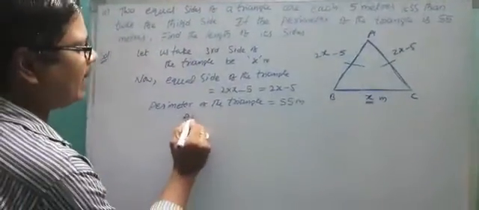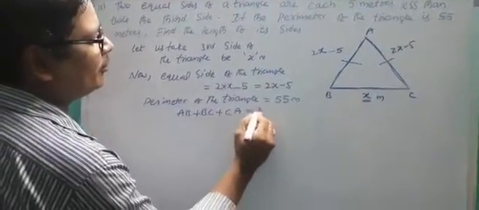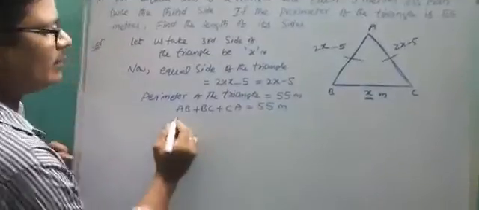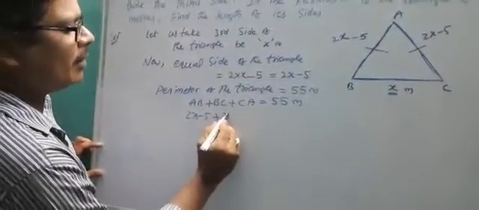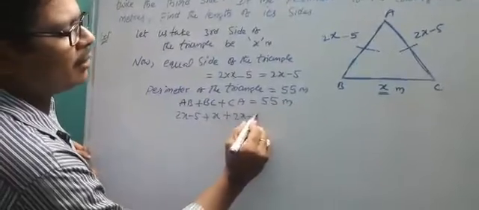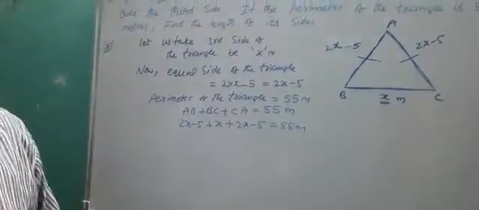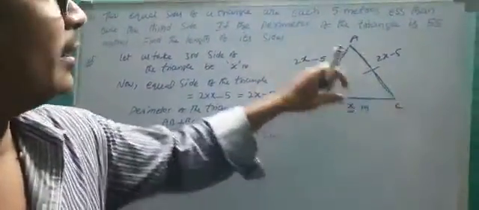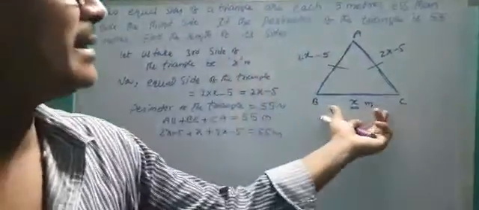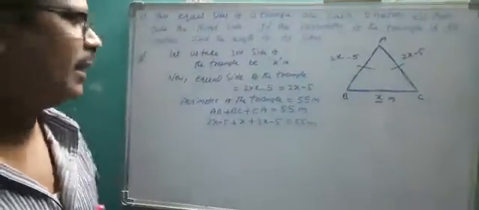So AB plus BC plus CA is equal to 55 meters. AB equals 2x minus 5, BC equals x, CA is also 2x minus 5, and the sum equals 55 meters. The lengths of the equal sides are 2x minus 5 and 2x minus 5, so 2x minus 5 plus x plus 2x minus 5 is the total length of the boundary.